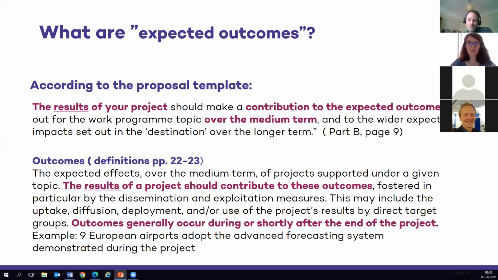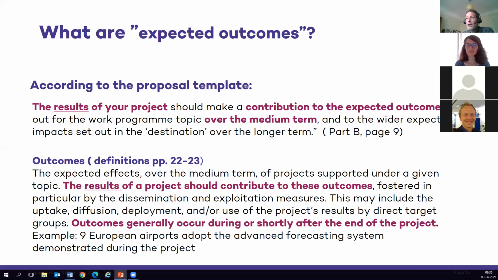So what are they? What is this novelty? If we start by looking at how they are described in the proposal template, there are two places in which they are defined. It first says that the results of your project should contribute to these expected outcomes, and that they are to be delivered over the medium term.